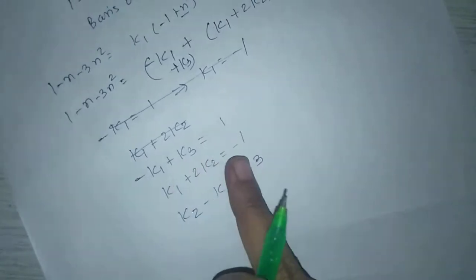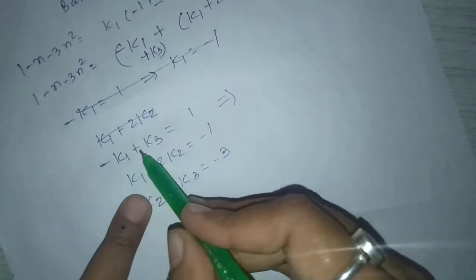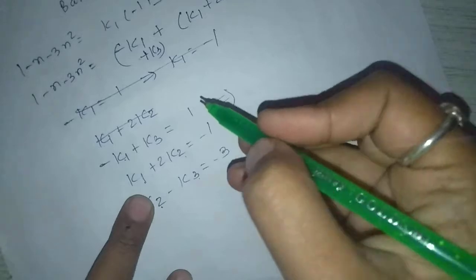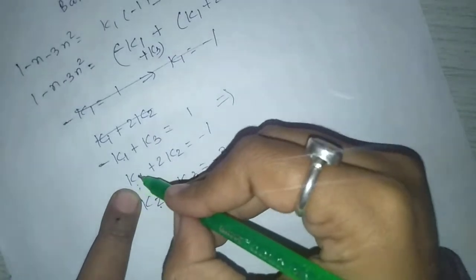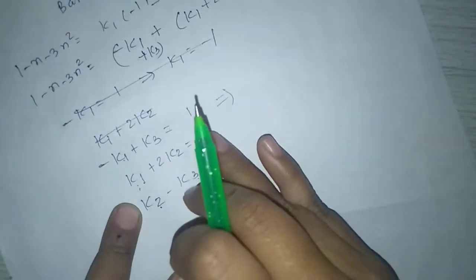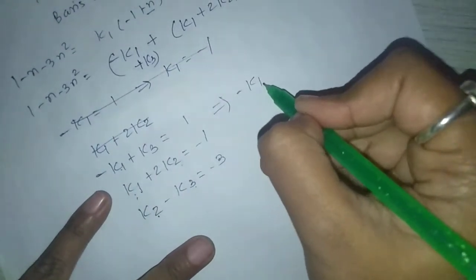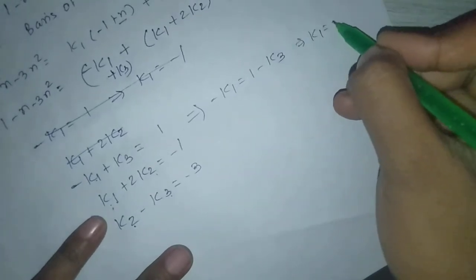Now in these equations, when we put the value of k1 in terms of k3, we get an equation in the form of k2 and k3. Then simplifying these two equations simultaneously, we get the values of k2 and k3. So -k1 equal to 1 - k3... implies k1 equal to -1 + k3.